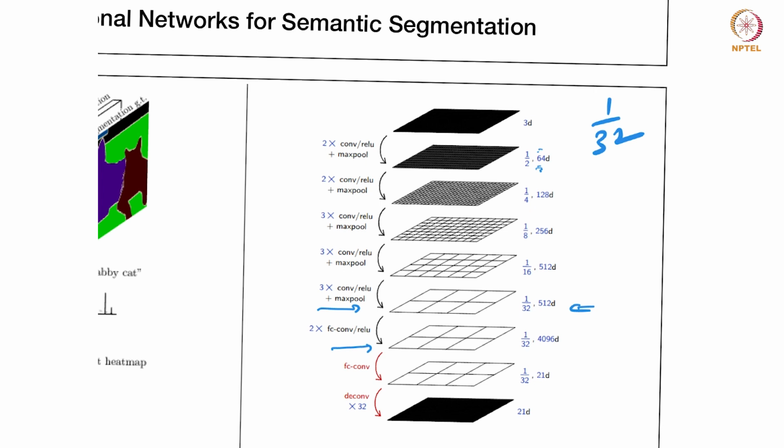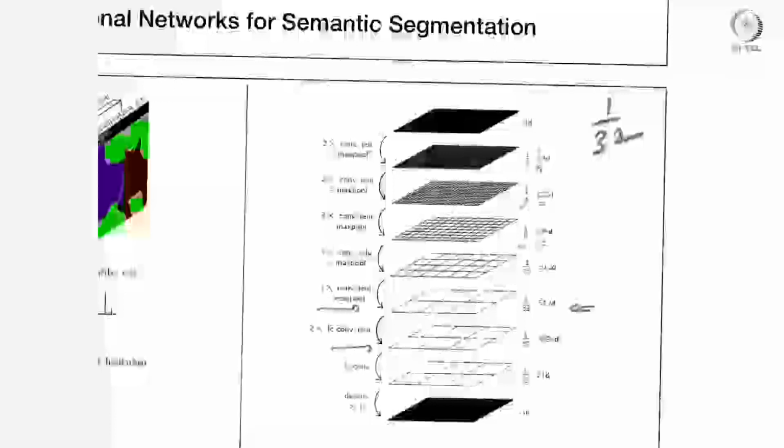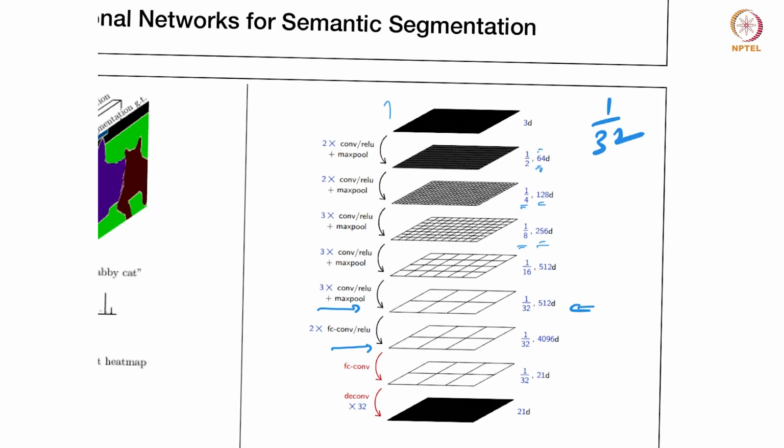Similarly, you do another set of convolutions and max pooling, you lose another factor of 2 through subsampling, so your size is 1/4. Then you double the number of feature maps. Similarly, 1/2 the size again, double the number of feature maps. You do that till you get to 1 over 32. So this is the typical loss in resolution as you go through a convolutional neural network from the input to the output side.